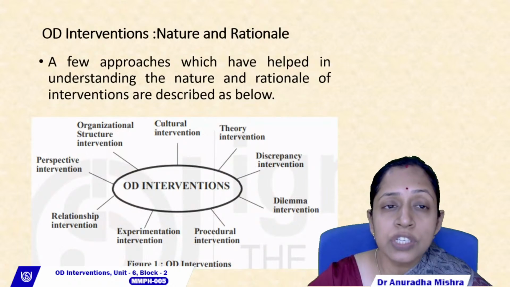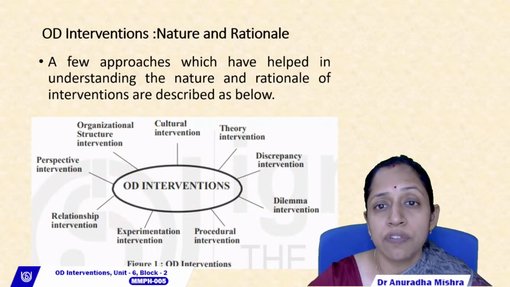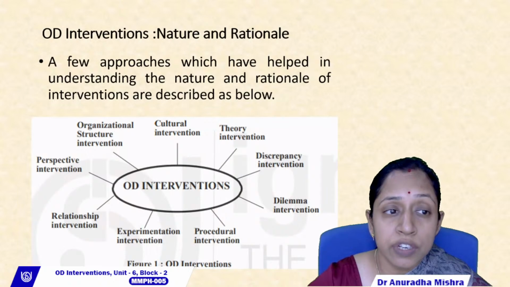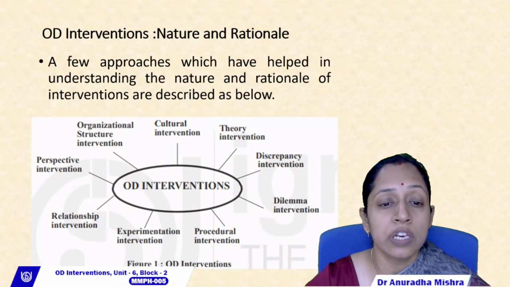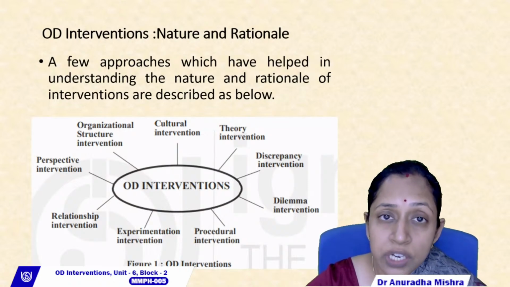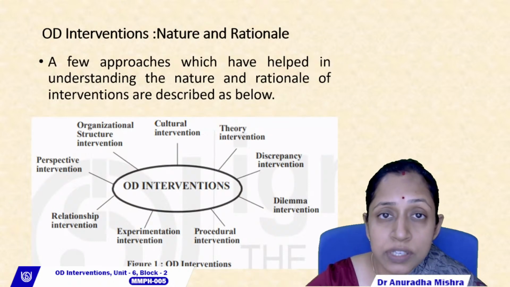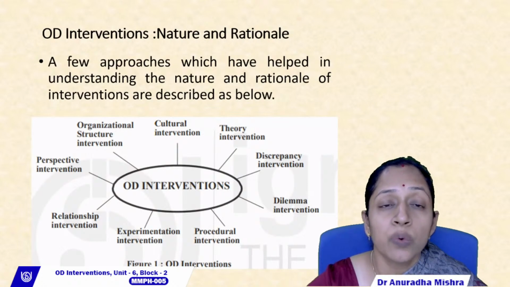OD interventions, that is nature and rationale. A few approaches which have helped in understanding the nature and rationale of interventions are described as under. You can see here OD interventions like cultural interventions, theory interventions, discrepancy interventions, dilemma interventions, procedural interventions, experimentation interventions, relationship interventions.